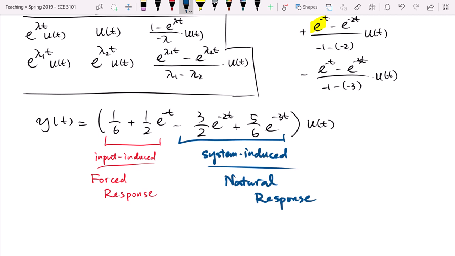Okay. And this is just based on which modes come from the system, and which term comes from your input. Slightly different from what we discussed earlier, how we decompose the total response into zero input and zero state.